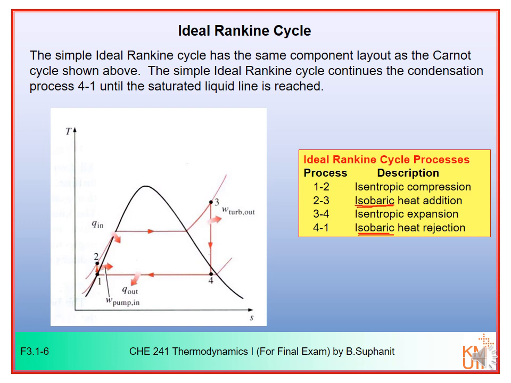Now, to avoid pumping a vapor and liquid mixture, we have to pump it in the liquid phase. So we have to make sure that point number 1 is at least on the saturated liquid line, okay.